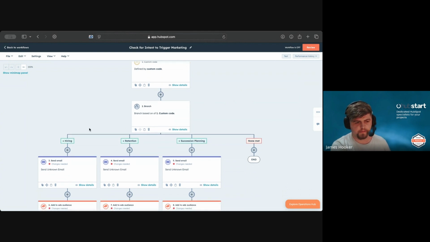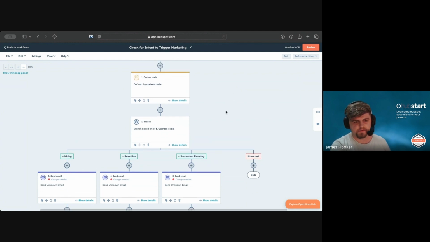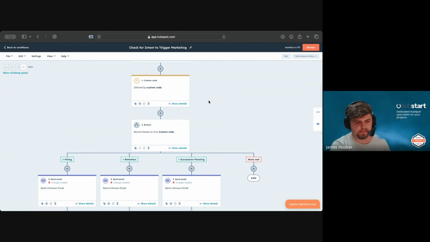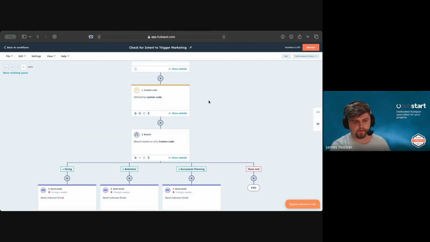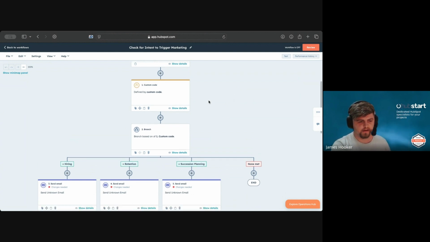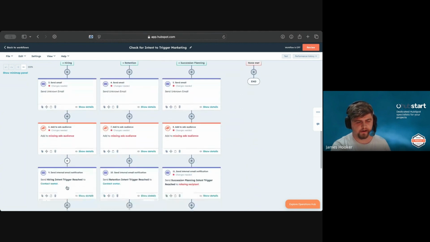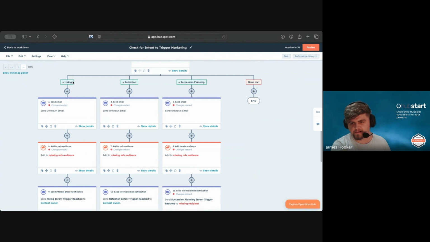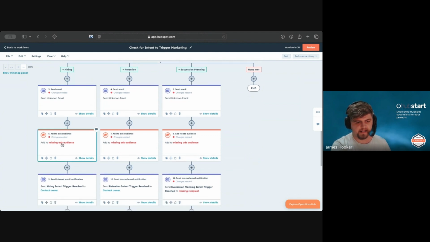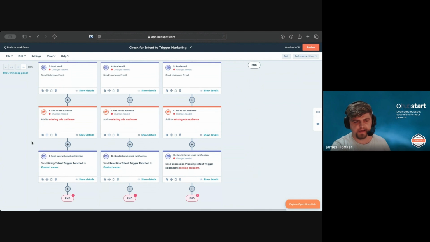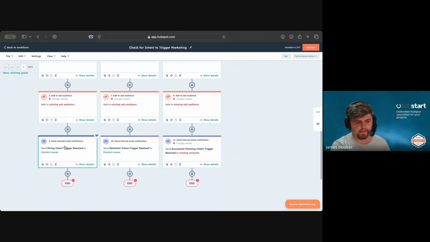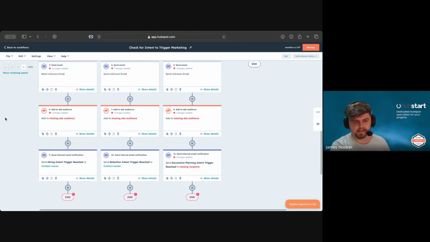Keeping with the same topic, we've got the features of hiring, retention, and succession planning. If there is a particularly good score in the area of hiring as a result of reviewing all that aggregated data and scoring it, then we're going to take someone down the path of sending some marketing content about the hiring features of the software, adding them to an ad retargeting group with ads around that feature set, and also triggering a notification to the assigned internal rep to let them know that that hiring intent trigger has been reached, so they can take further action.